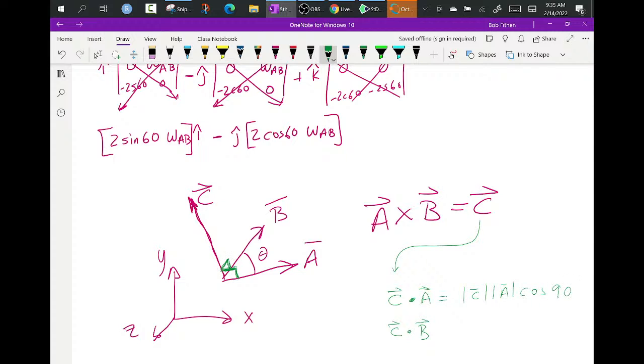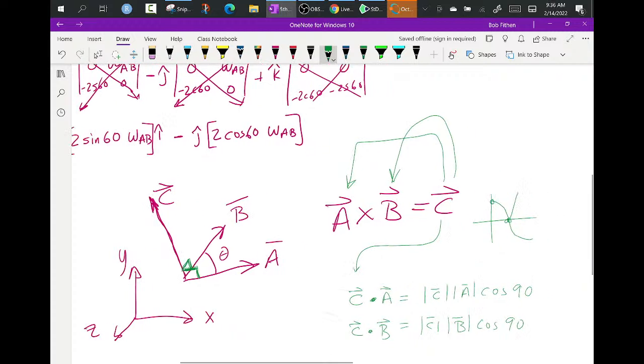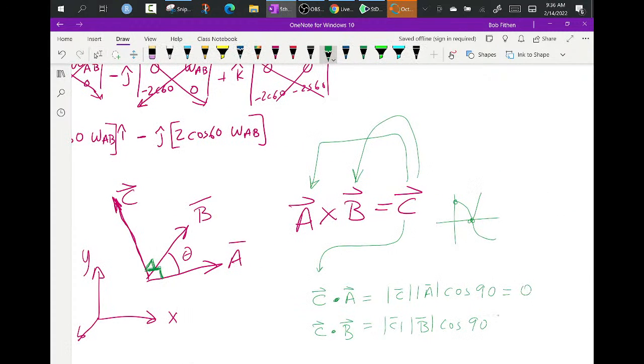So it would be the magnitude of C, magnitude of B, cosine of 90. Again, why is it 90? Because when you cross two vectors, this vector will be orthogonal, or 90 degrees, to that one. It will also be 90 degrees to that one. If we look at cosine, here's your 90 degrees. So guess what? The dot product always equals 0.